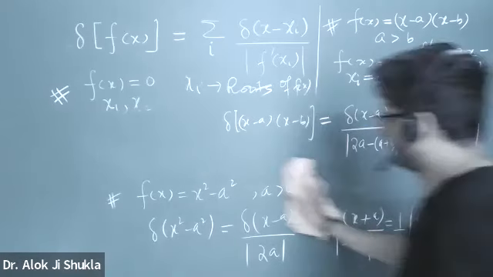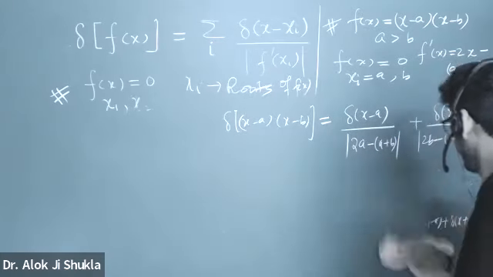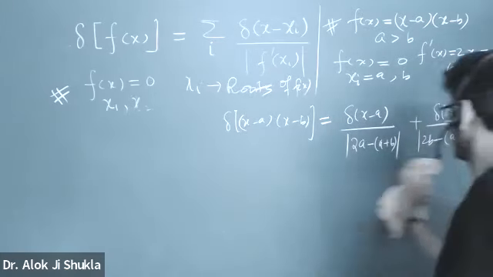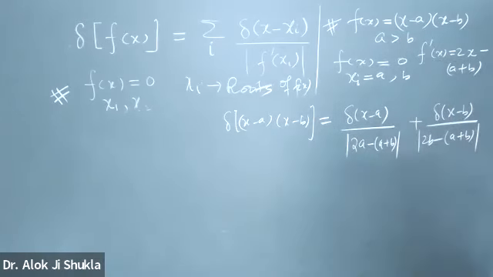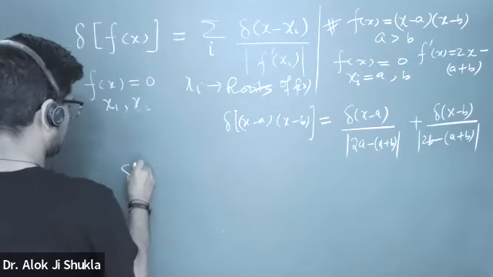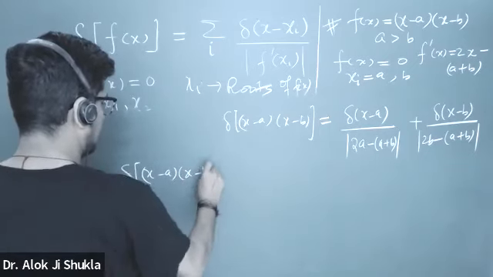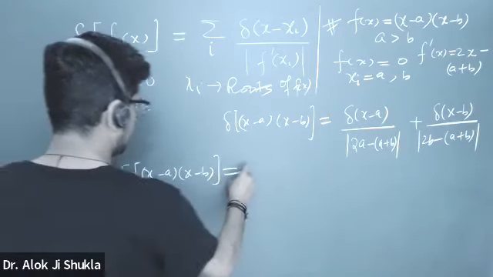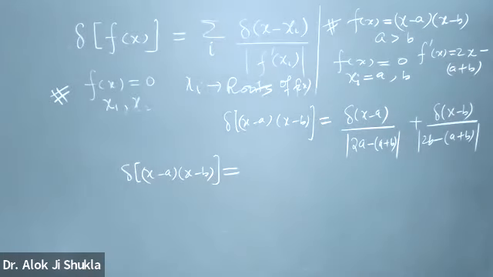So this will give you delta function x minus a, x minus b is equal to, what will we get here?